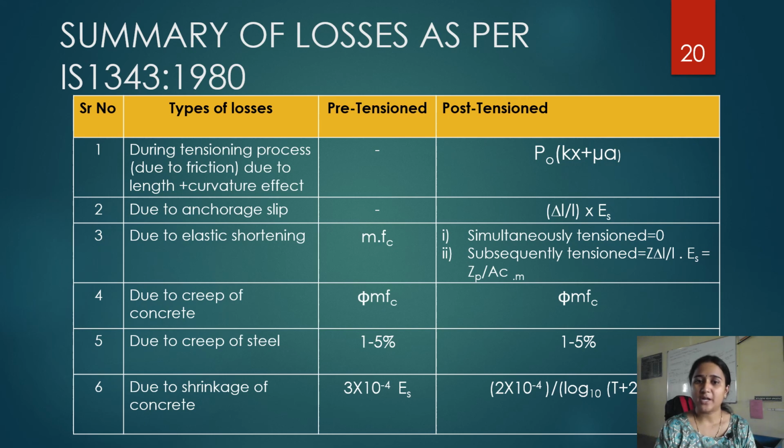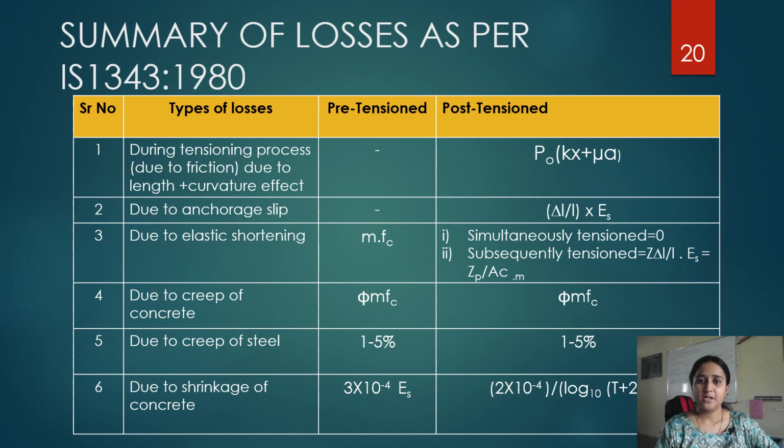Then loss due to anchorage slip, which is also only in post-tension members, is delta L upon L, the change in length to the original length, meaning strain, into ES, the modulus of elasticity of steel.